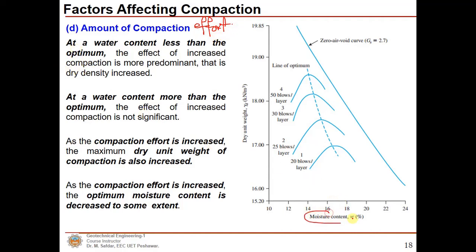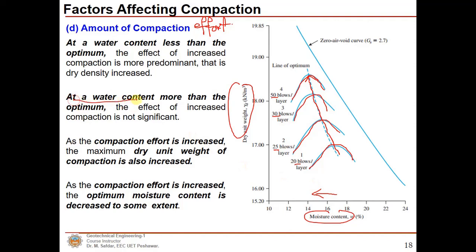If you plot the dry unit weight on the y-axis and moisture content on the x-axis, and increase the compaction effort for 20 blows, 25 blows, 30 blows, and you can see for the compaction curve for the 50 blows, we can clearly see that the dry unit weight is increasing and the optimum moisture content is decreasing.